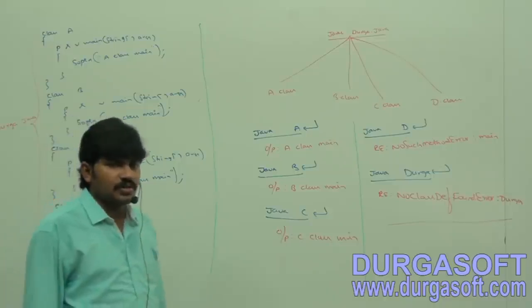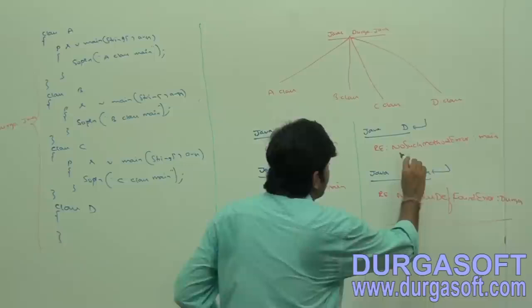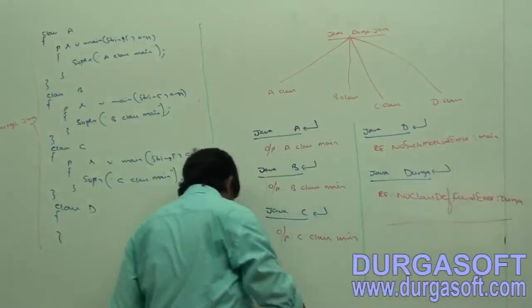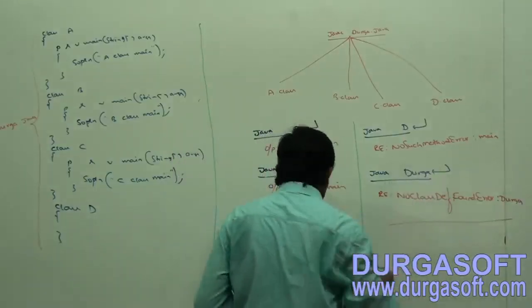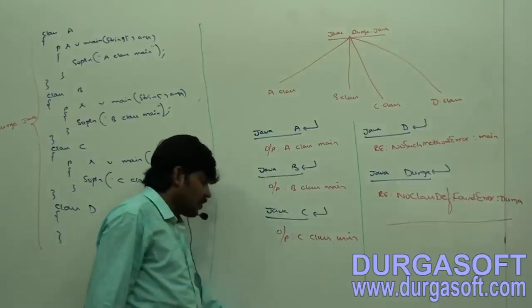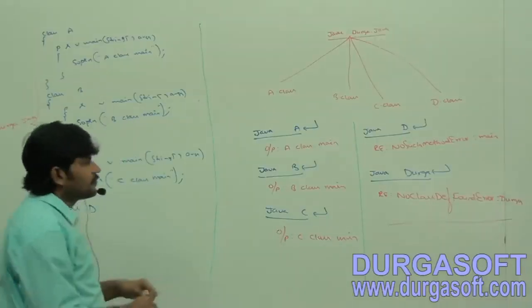Can I spell out what that exception is? We will get a runtime exception saying no such method error colon main. Like this we are getting.